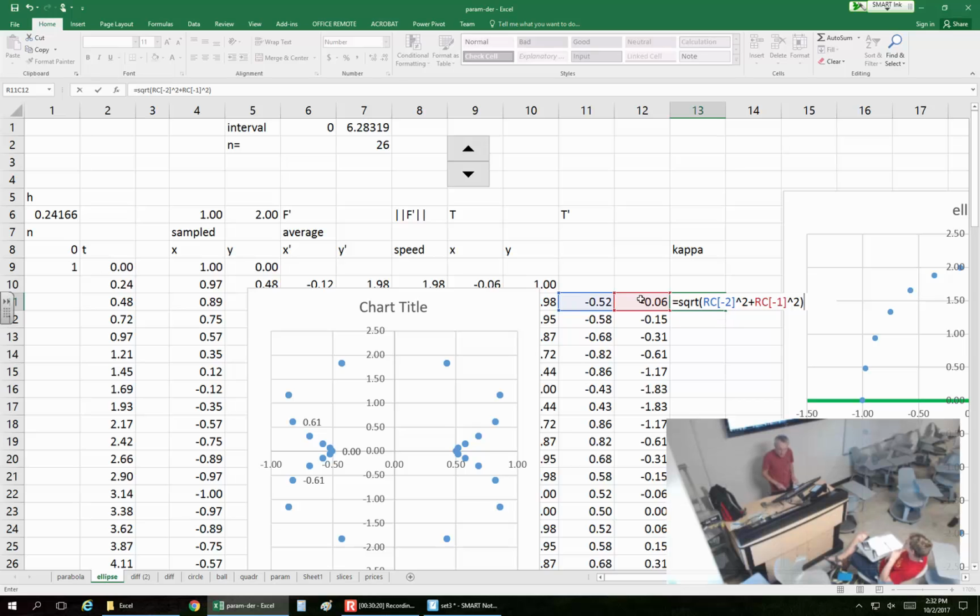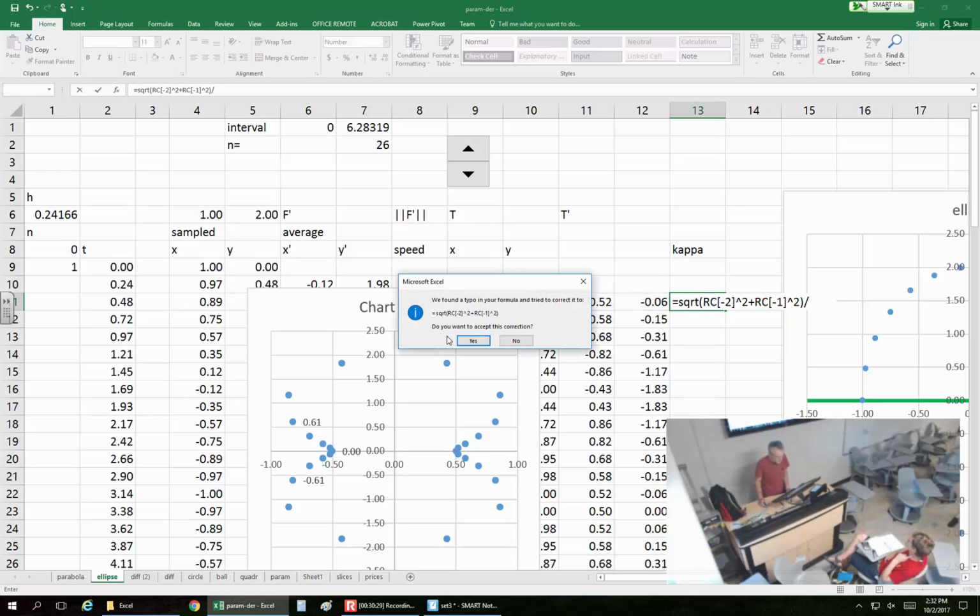And so that is the numerator. And I divide by the speed, which I cannot put here because I cannot click on it.